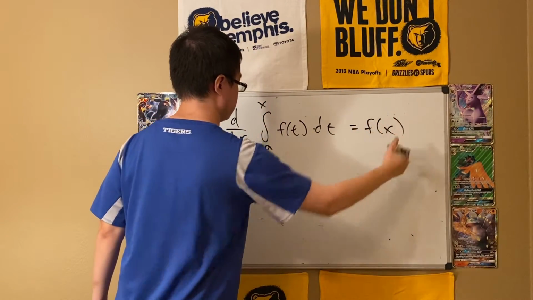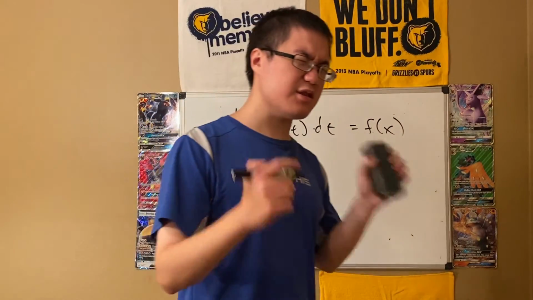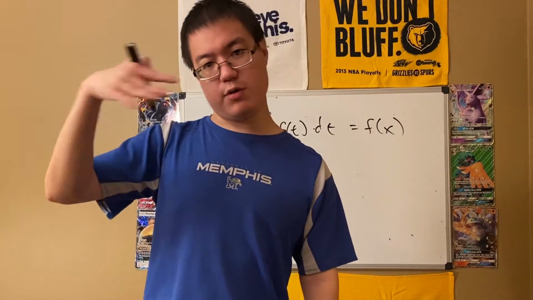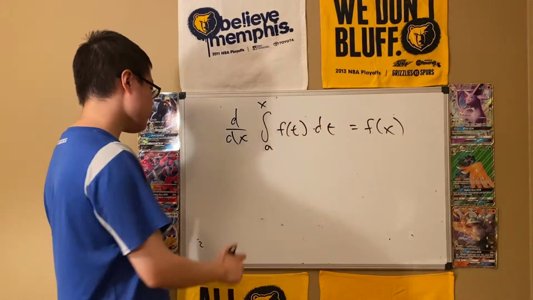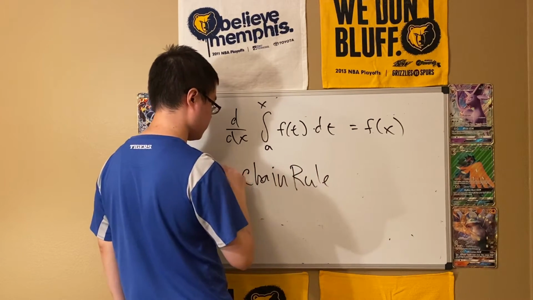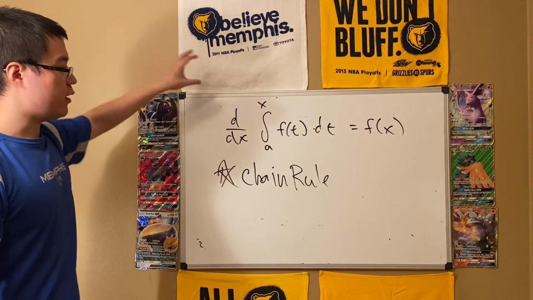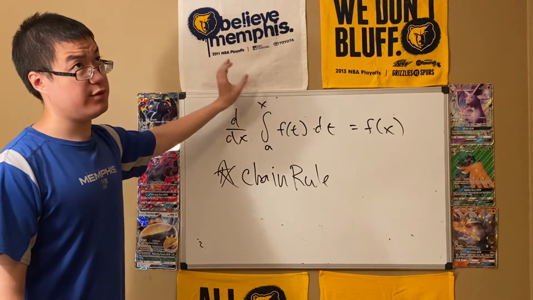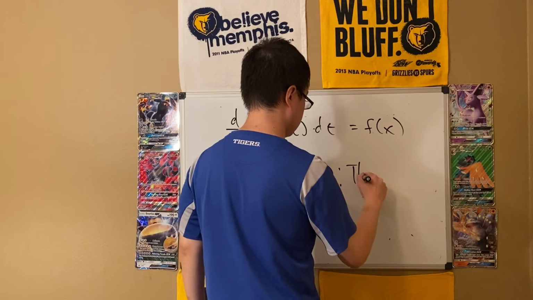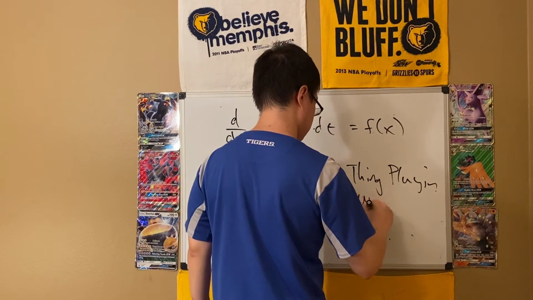What was the big point? What's the one thing, the most likely mistake that people have, the thing that they're going to try to trick you with in the other multiple choice answers? Well, it's the chain rule. So remember the chain rule. This is supposed to be a star. And then remember that what we're chaining is the thing we're plugging in, the thing in the upper limit. So the thing, plug in, upper limit.